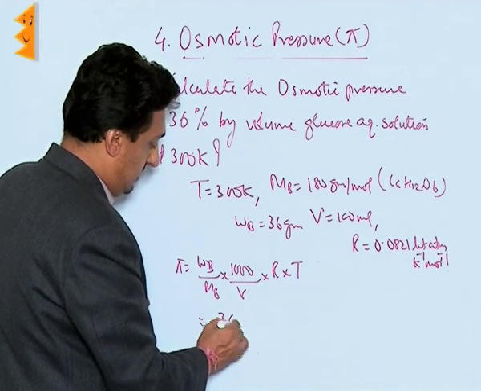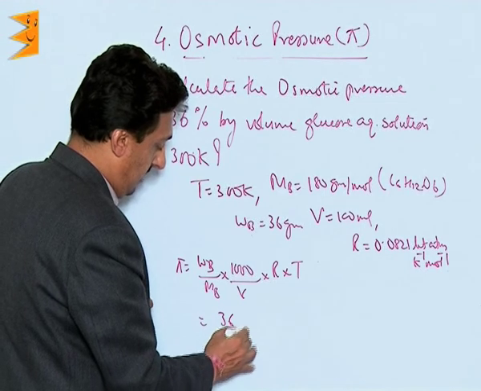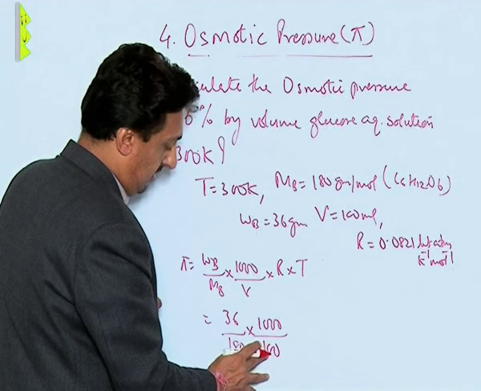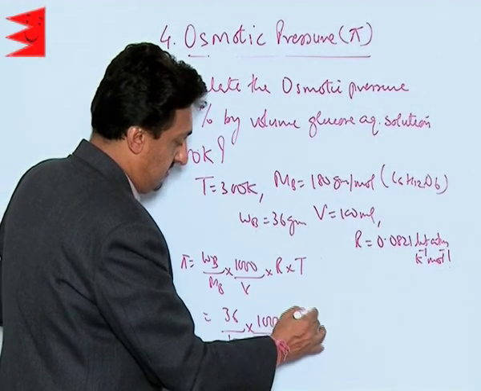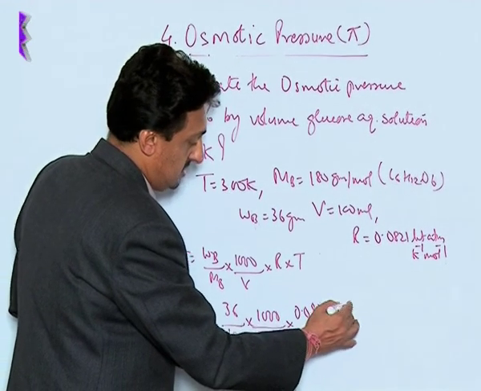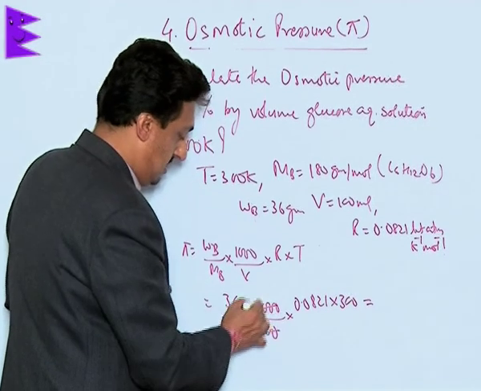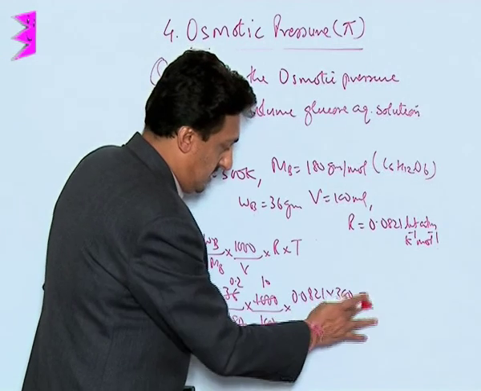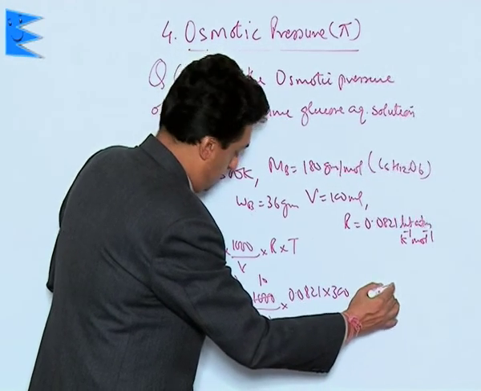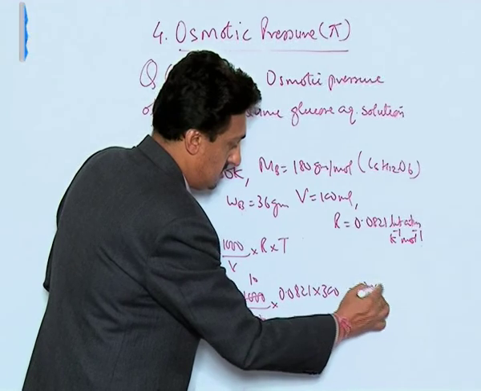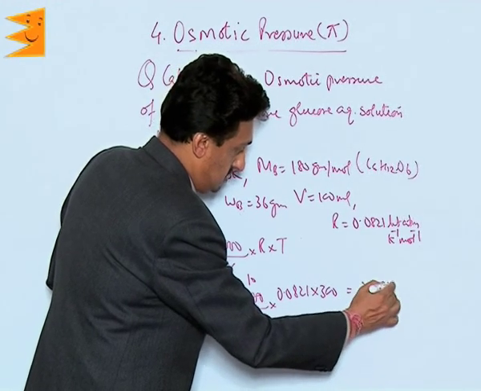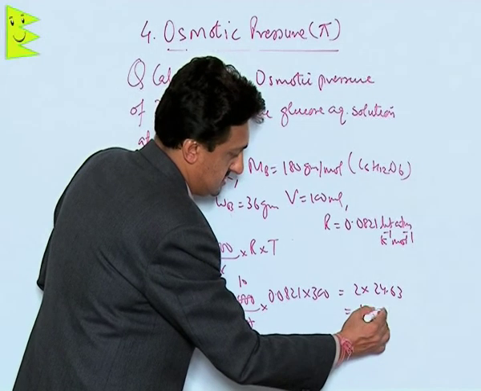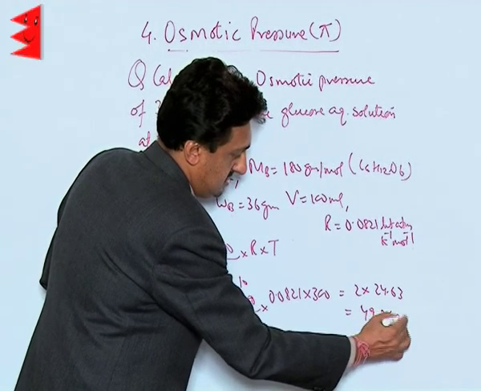So it will be 36 by 180 into 1000 by 100 into 0.0821 into 300. So it will be 0.2 into 24.63, which is 49.26 atm.